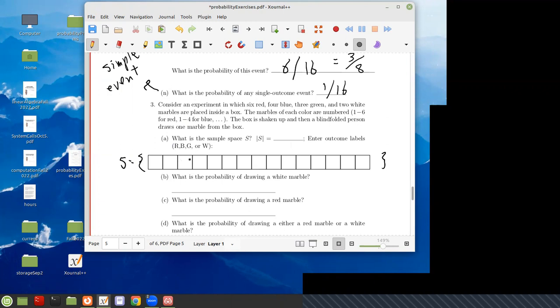Anyway, the point is, in each of these, we're going to put down red, blue, green, or white, so take a moment and at least answer the question of what's the size of the sample space.